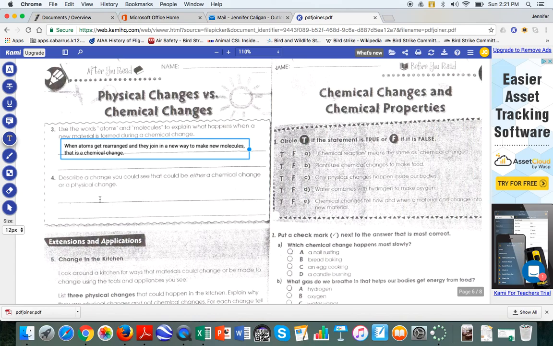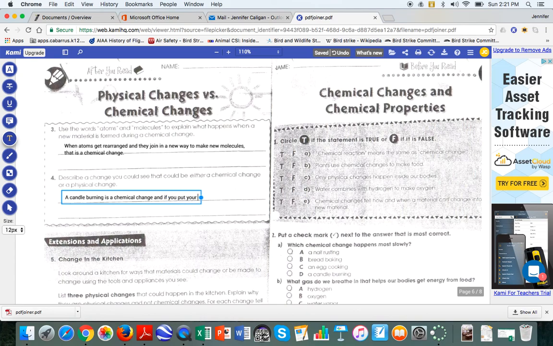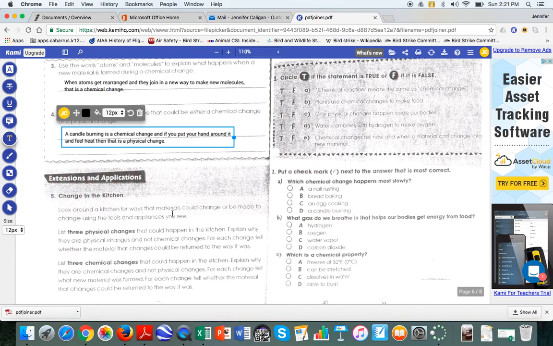I'm going to say one that was also mentioned: a candle burning is a chemical change. And if you put your hand around it, don't touch it, and feel heat, then that is a physical change, because all you're doing is heating air. That's mine. See if you can come up with another one.